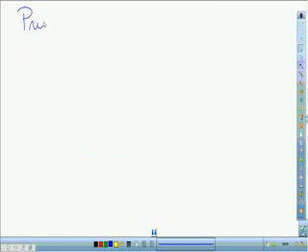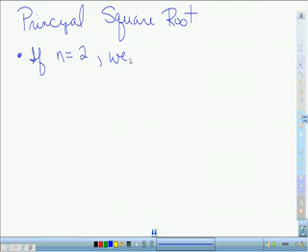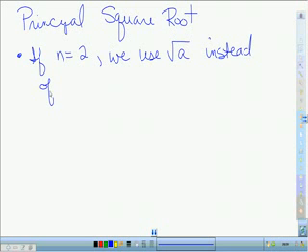Okay, the principal square root. If n equals 2, and what is n? It's the index. We use the square root of a instead of writing it like this.